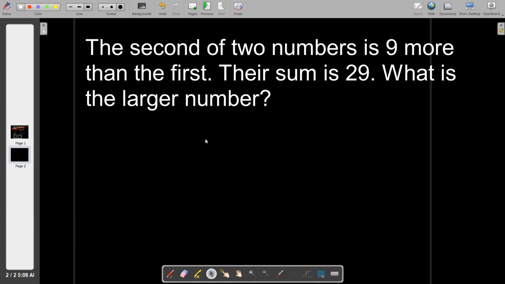And listen, I will tell you this because I want you to always know that I'll be honest. When we get to the age problems next week, I'm telling you ahead of time that those are hard, okay? Like, not trying to scare you, just giving you a fair warning. Because they're going to be questions like, in 9 years, Mark's age will be 4 less than 3 times what Hannah's age was 2 years ago. It's like mind explodingly challenging. You're not going to feel that today. Okay. You guys are good.